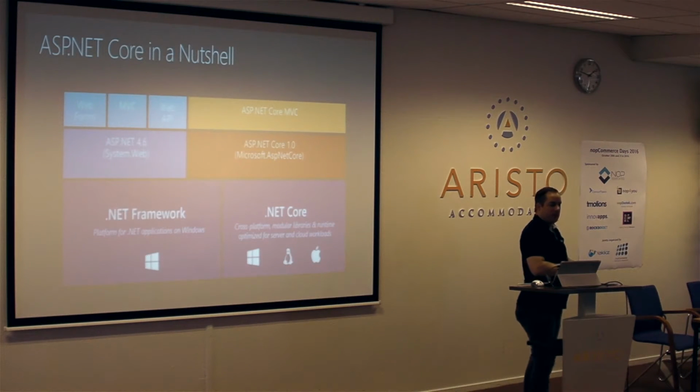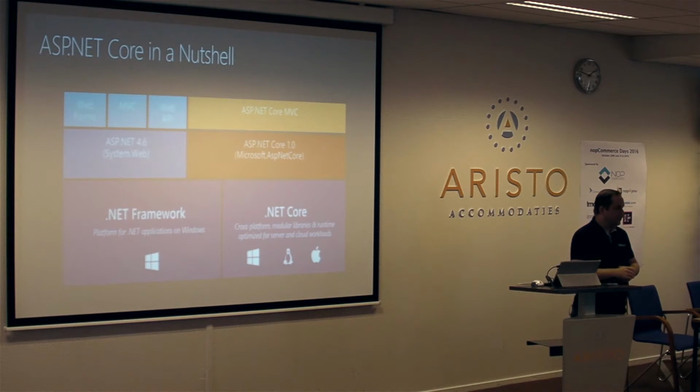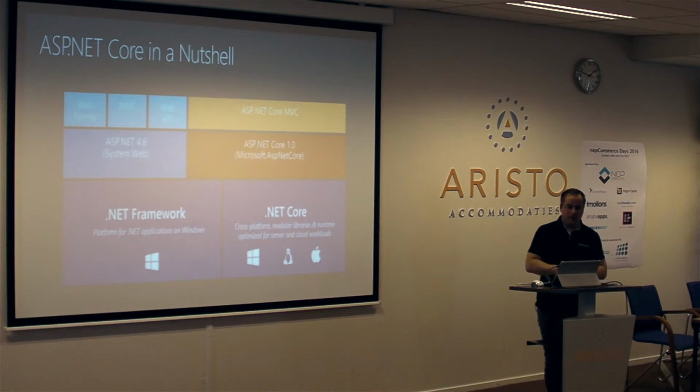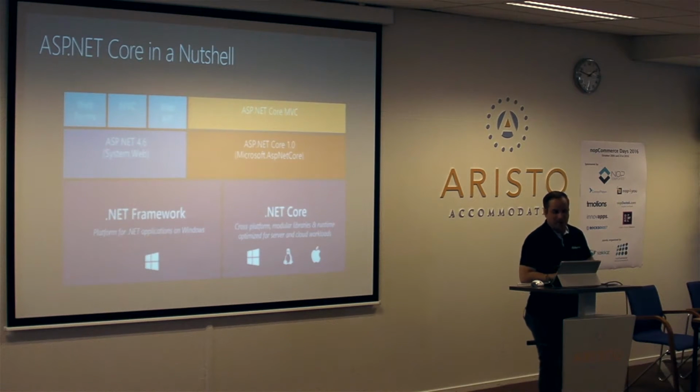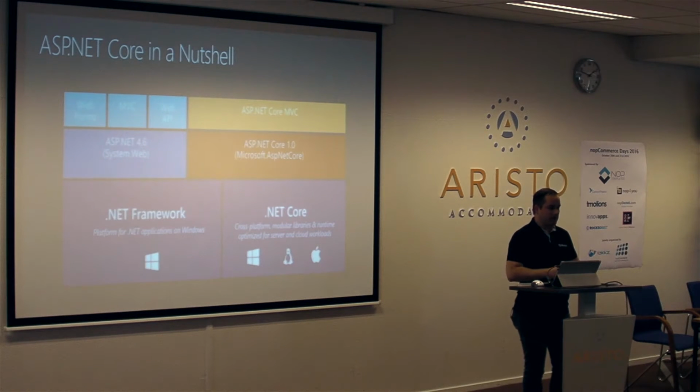So if you compare ASP.NET with the full framework and the core, then we have the .NET Framework that is more than 16 years old now, and that started with Web Forms, and then we had MVC, and we added all kinds of features to the framework, and of course Web API is also one of the things, but those three basic components are not working together, they are separate things.